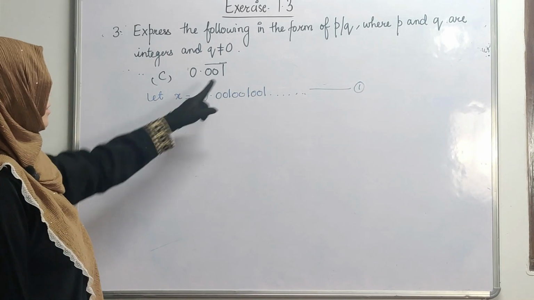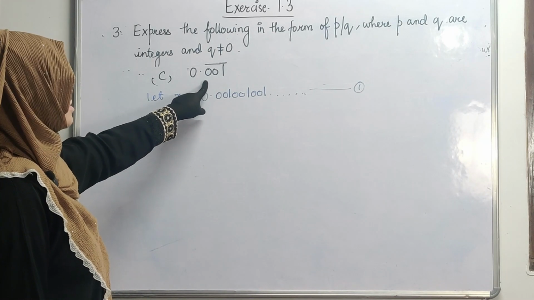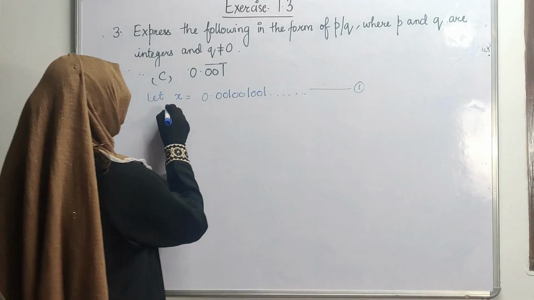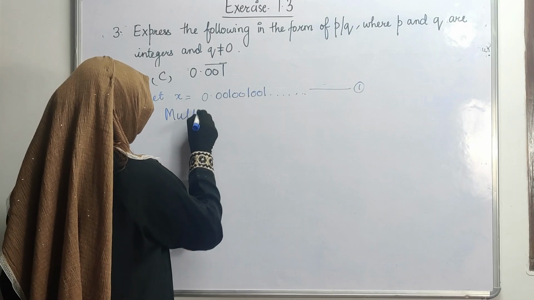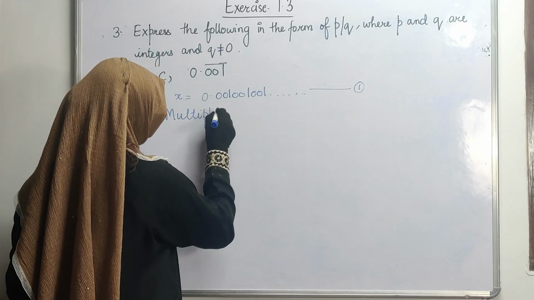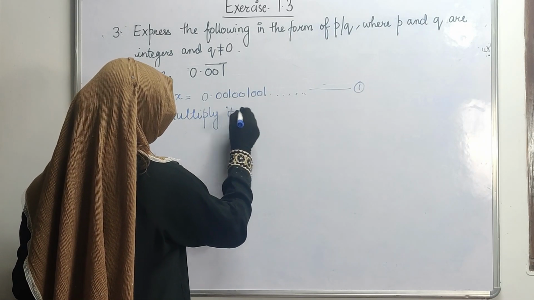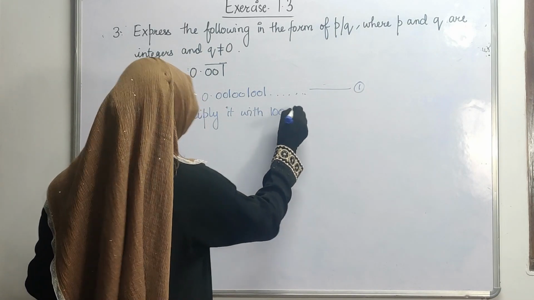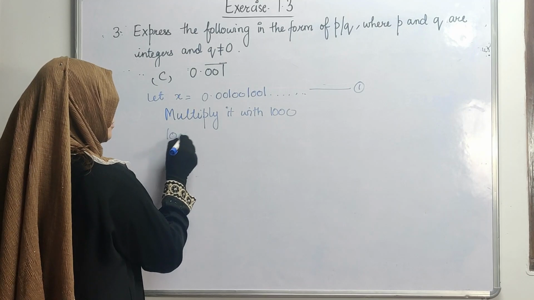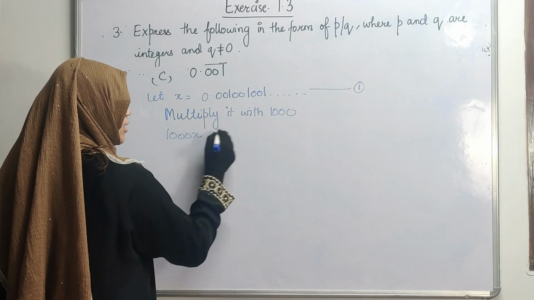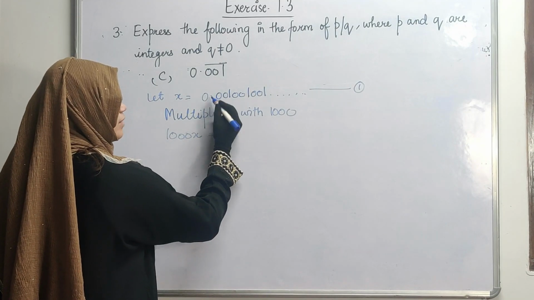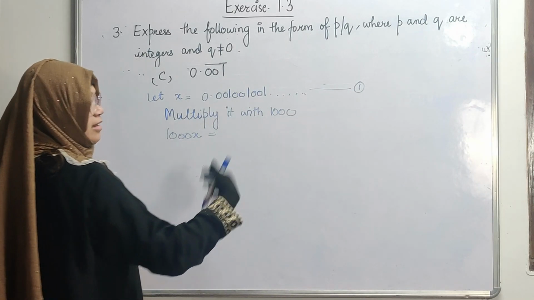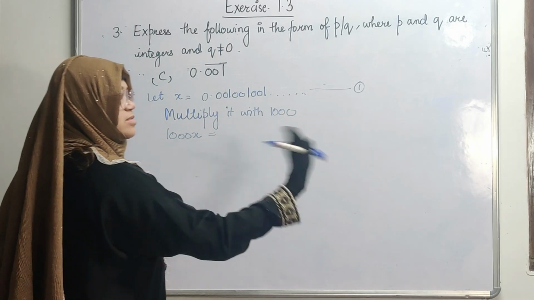Now, as you know, if the bar is at 3 digits, you have to multiply it with 1000. It will become 1000x is equals to, whenever we multiply the decimal number, we simply shift the numbers towards the right.